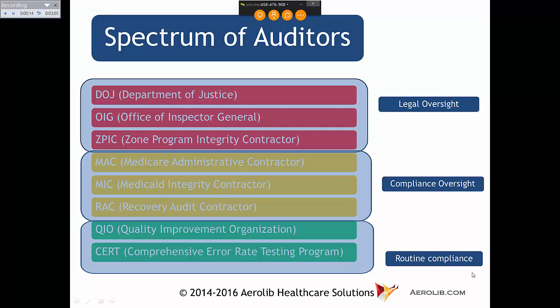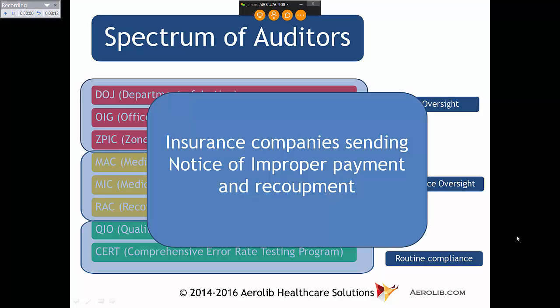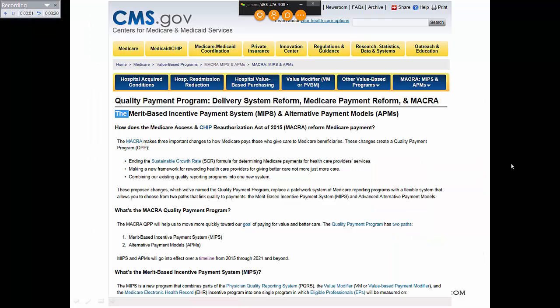And then once they report that something isn't right, reports go on to the DOJ, the OIG, and the ZPIC. Now, add to this the insurance companies that are now sending these notices of improper payments and recoupment. And then what I'd like to touch upon, and again, this is just the tip of the iceberg, about the MACRA and the MIPS and the alternative payment models that was discussed in one of our webinars.